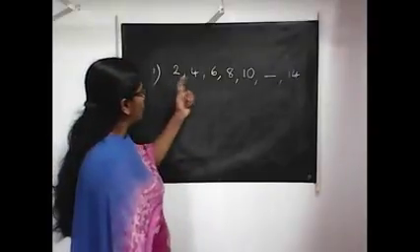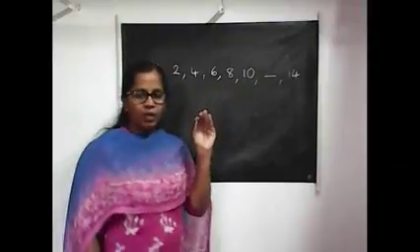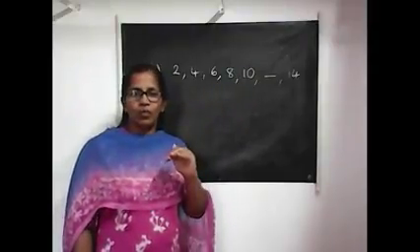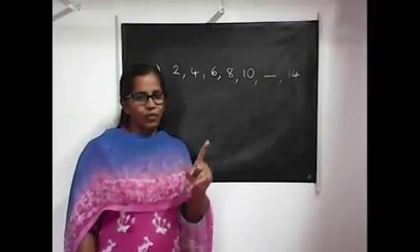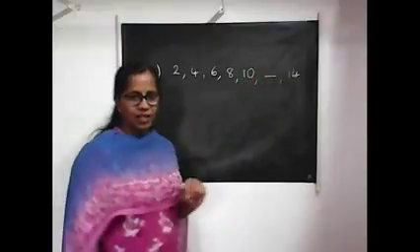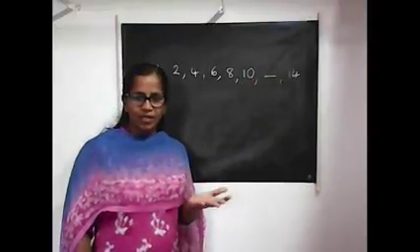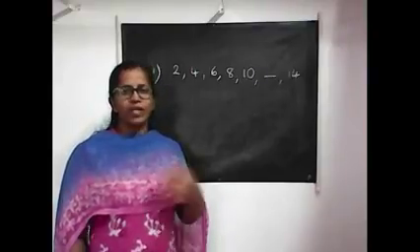See, 2, 4, 6, 8, 10. That means I have followed an order of even numbers, right? Yes, 2, 4. These are even numbers. So, which is the next even number after 10? Even numbers mean the multiplication table of 2. Count by 2's.